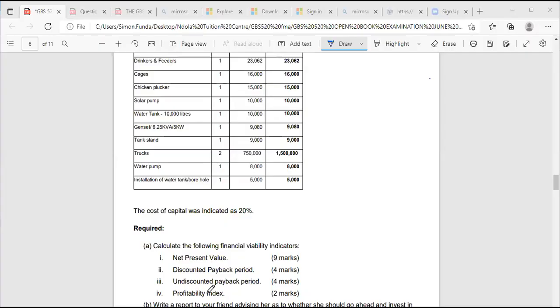Okay, so we have the last part of the question. It says, calculate profitability index. So the question is, how do we calculate the profitability index?